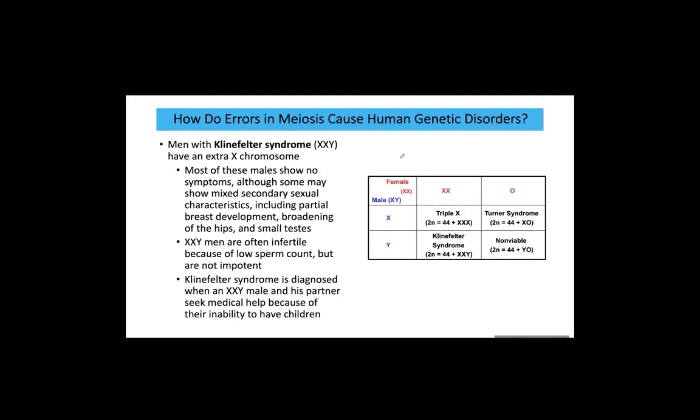Another case of non-disjunction occurring in meiosis is Klinefelter syndrome. In this case, the female has 22 plus XX in the gamete, the oocyte, and the male has 22 plus Y. Once you fuse them, the zygote has 2n equals 44 plus XXY.